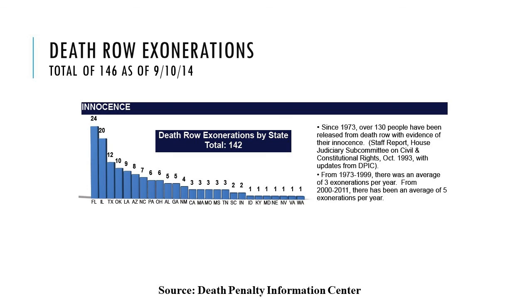So the number of exonerations per year has been going down as we have seen an increase in the standards that trials are held to. So as that increased through the 90s, through the 2000s, through the last decade, there have been fewer instances where trials have been found to have reversible problems.